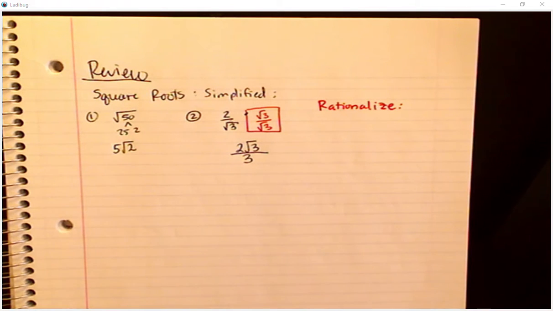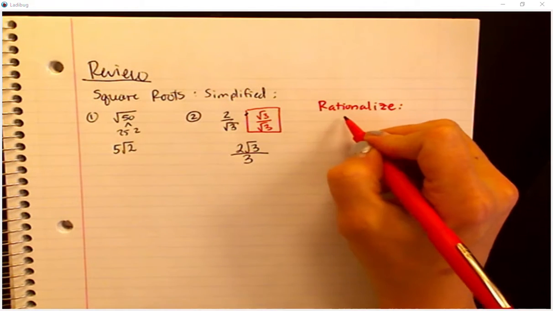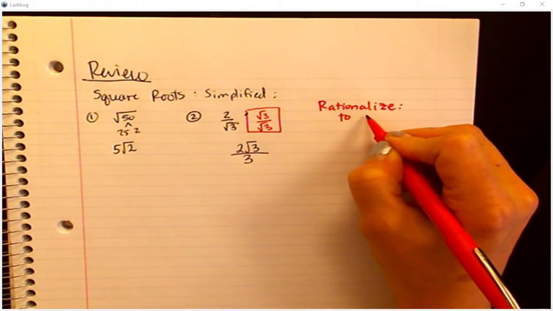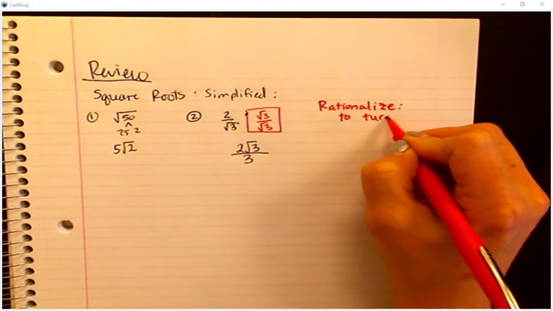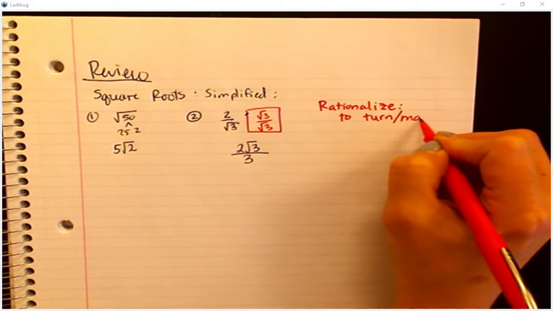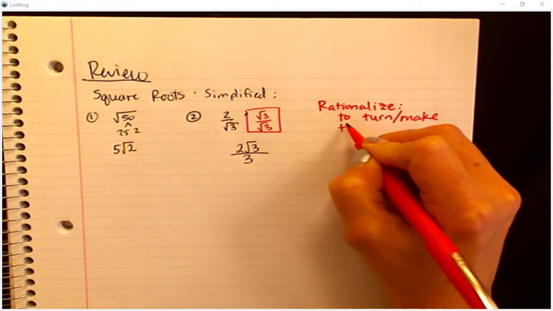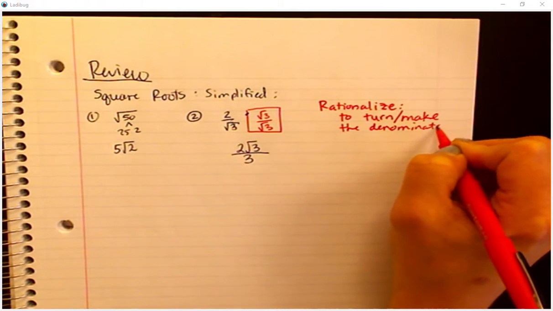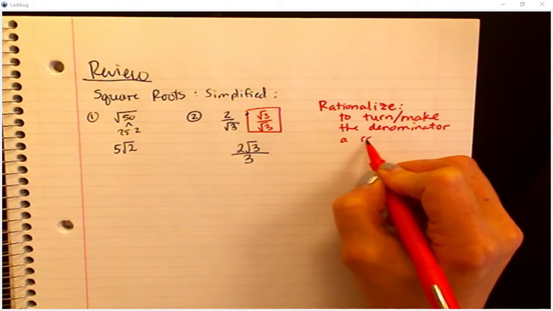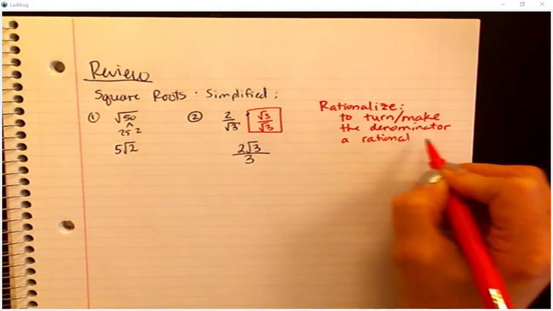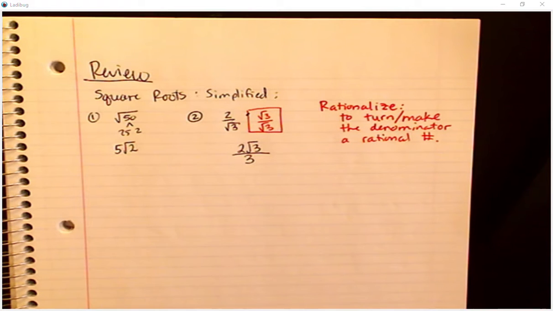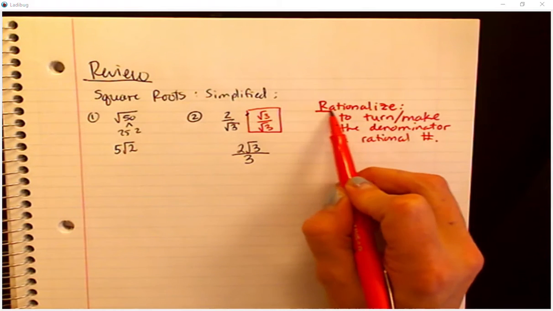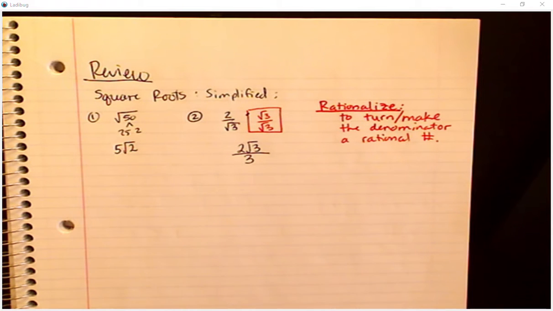It means to turn, make the denominator a rational number. Like, okay, I don't know what a rational number is. I'll define that next. Rationalize is an action word. That is the direction. Okay?